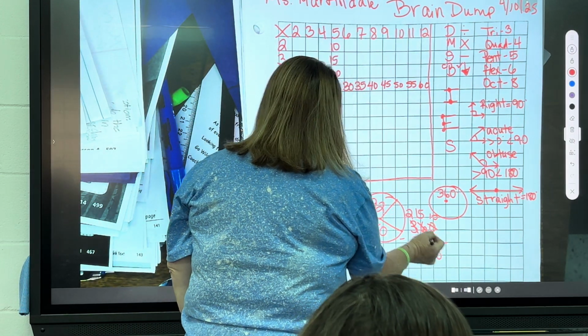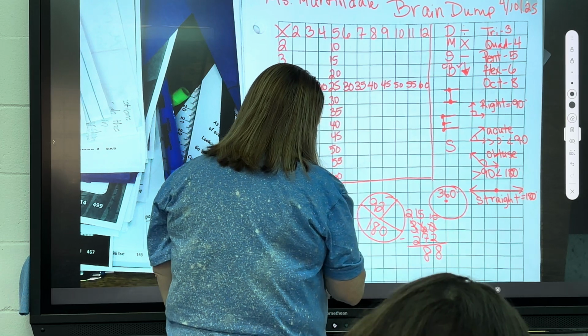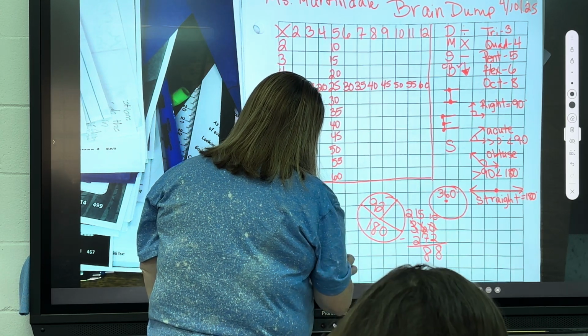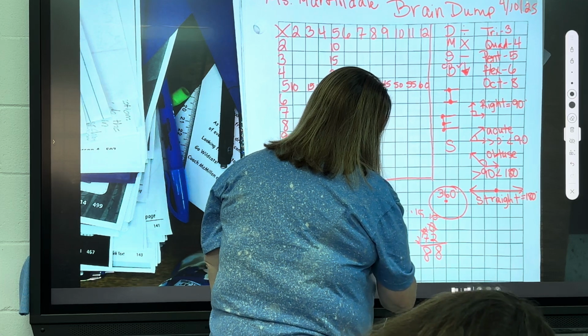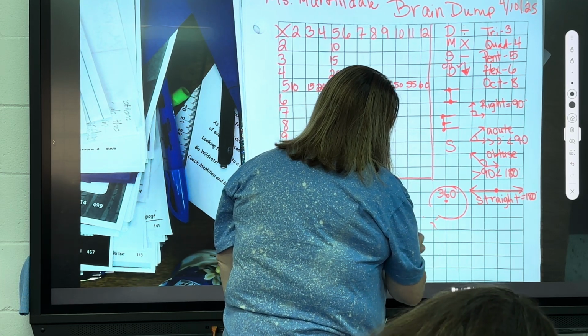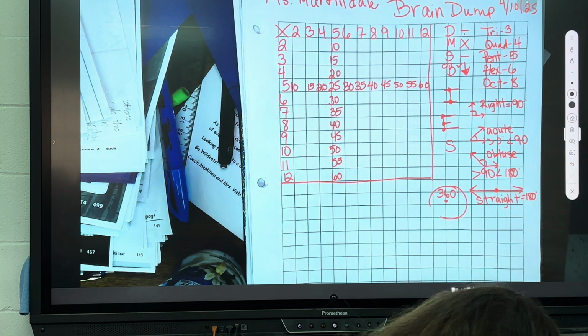So we could find the missing angles by knowing this information, correct? Like I said, I didn't need y'all to write that one because y'all don't have enough room, but I wanted to review it. Is everybody caught up to this point on filling out their chart? Yes, ma'am. Anybody still writing? No, ma'am. Okay, give it just a minute.